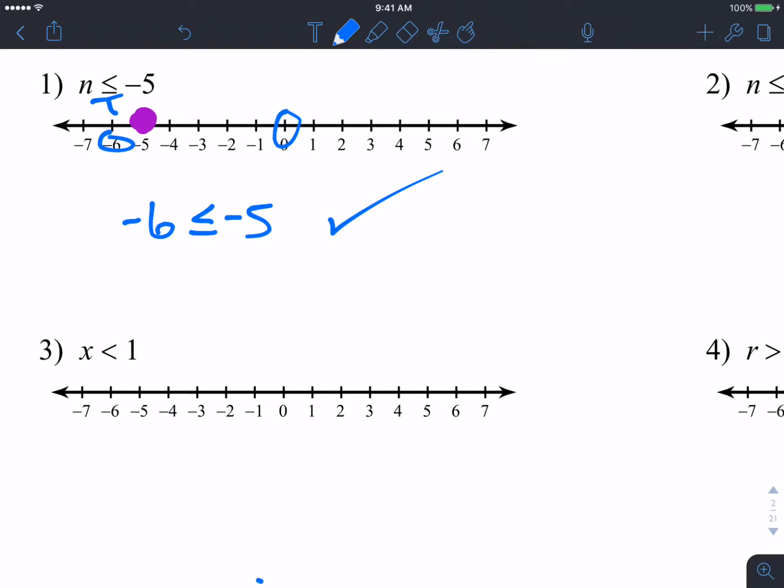I'm going to just test 0 for good measure. Is 0 less than or equal to -5? No. I would rather have no money than owe someone money. So this is false. Therefore, I'm going to go ahead and shade that way.